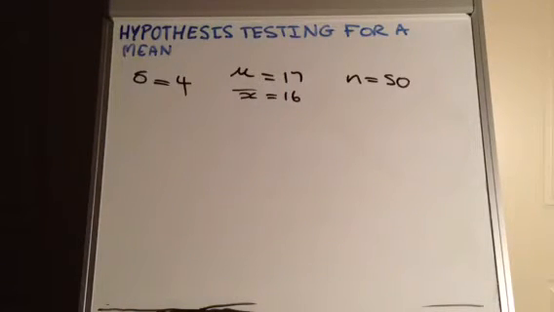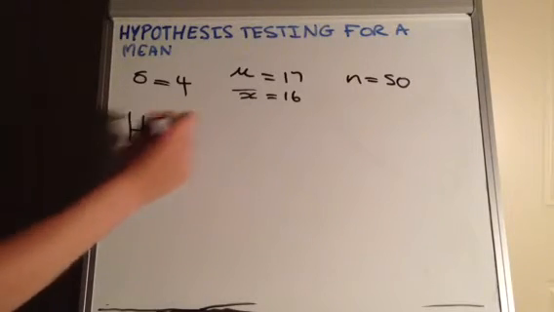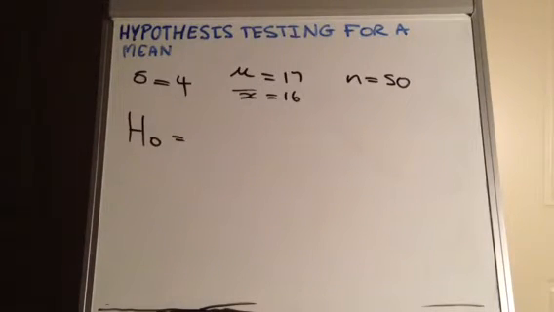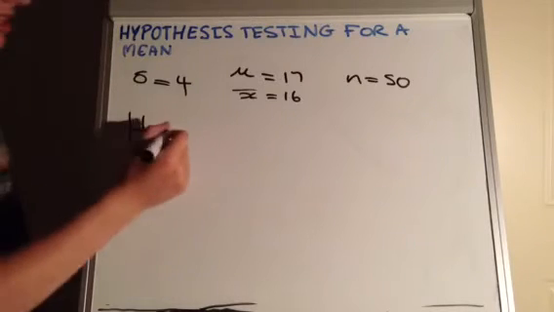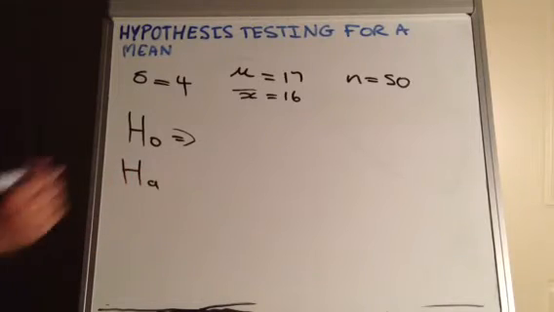Write down the hypotheses for the null hypothesis and the alternate hypothesis. So the null hypothesis is given by H subscript 0, and the alternate hypothesis is denoted by H subscript a.